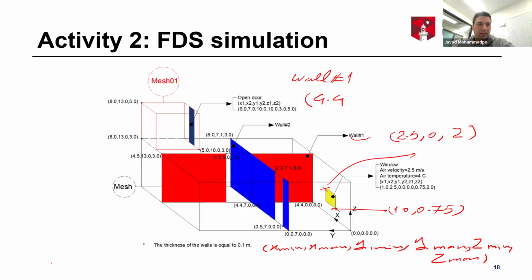So for the window, it should be 1 to 2.5. It means that the dimension in x starts at 1 and ends at 2.5. The y minimum and y maximum are 0. How about the z? It should be 0.75 to 2 meter. Is it clear now or not?